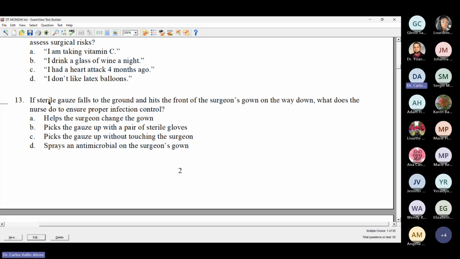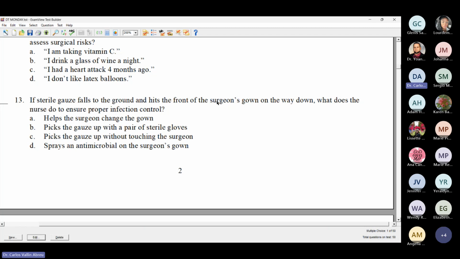If a sterile gauze falls to the ground and hits the front of the surgeon's gown on the way down, what does the nurse do to ensure proper infection control? Okay, in those questions you need to close your eyes and see the scenario.